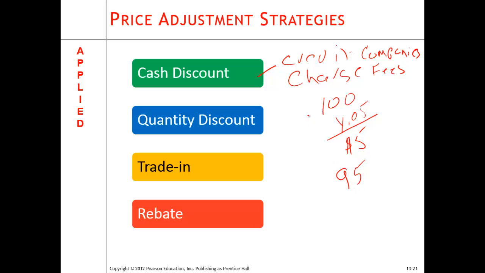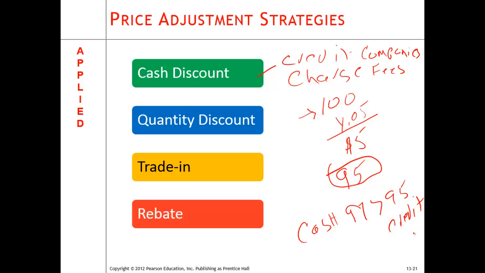Meaning, even though the price listed for those shoes was $100, they only ultimately received $95. Companies may give a 2 or 3% cash discount for customers that are not paying by credit, which means that, say, for a 3% discount, the company will take $3 off the product, meaning that they would get $97 in cash, which is greater than the $95 that they would receive in a credit transaction.